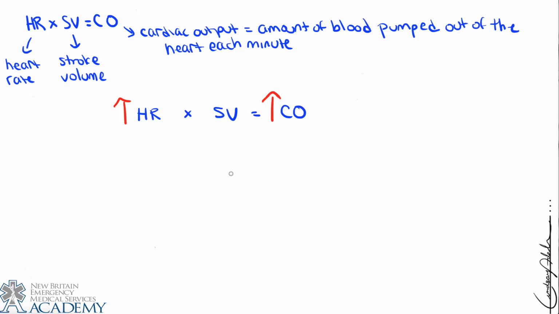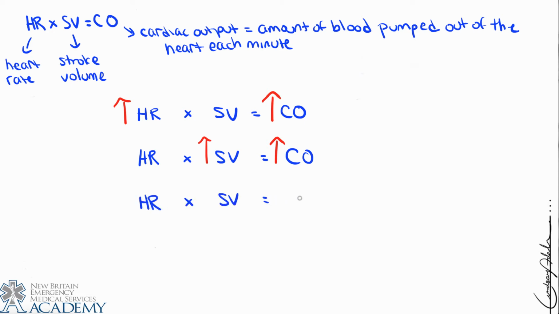So let's just consider this equation briefly. If we were to increase the heart rate and maintain the stroke volume at a constant amount, then we would increase the cardiac output. And similarly, if we were to maintain heart rate but increase the stroke volume, we would increase the cardiac output. And I think what follows is quite obviously, if we were to increase both the heart rate and the stroke volume, we would also increase cardiac output.